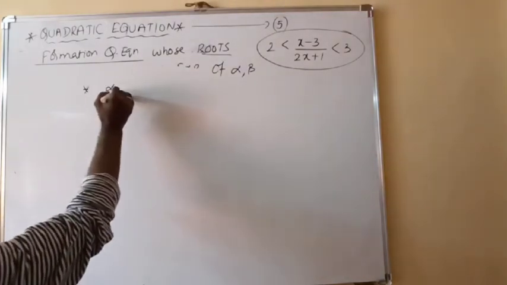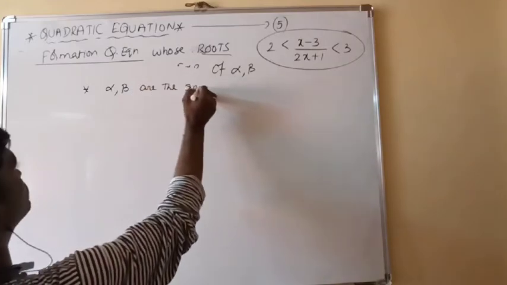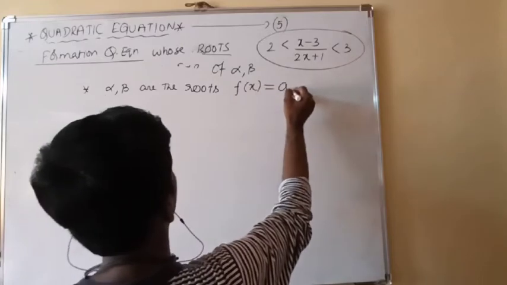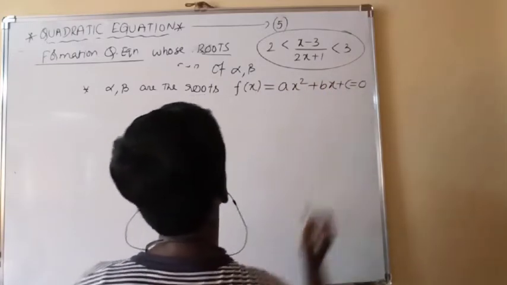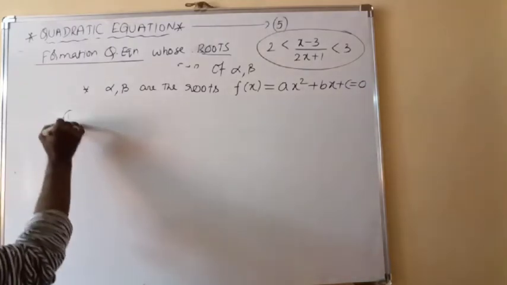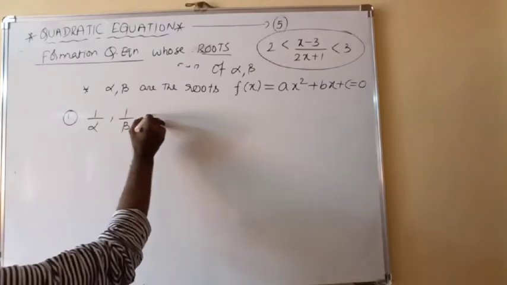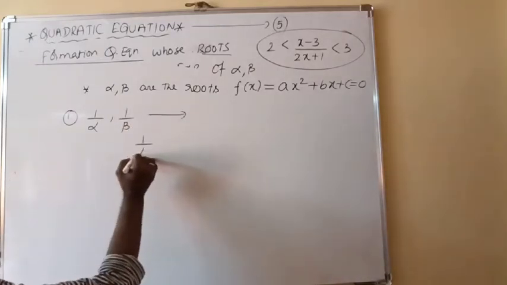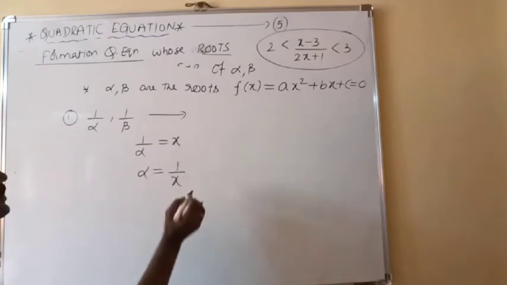Suppose alpha, beta are the roots of f of x is equal to ax square plus bx plus c is equal to 0. Then first question, what is the equation whose roots are 1 by alpha and 1 by beta? Just put 1 by alpha is equal to x, alpha is equal to what you will get? 1 by x.